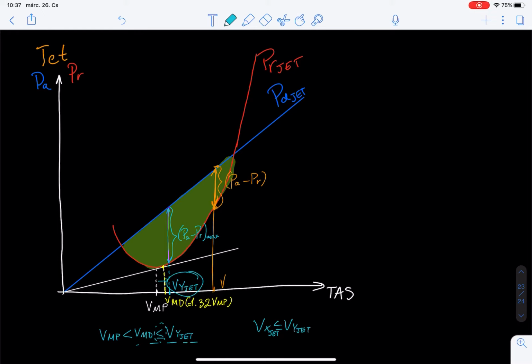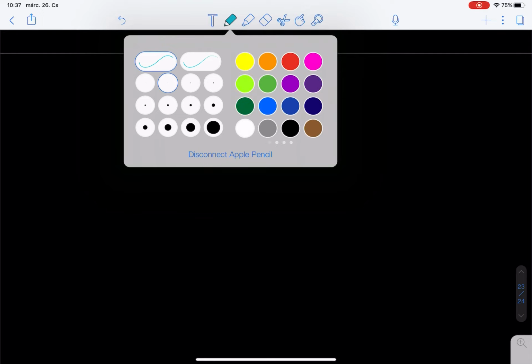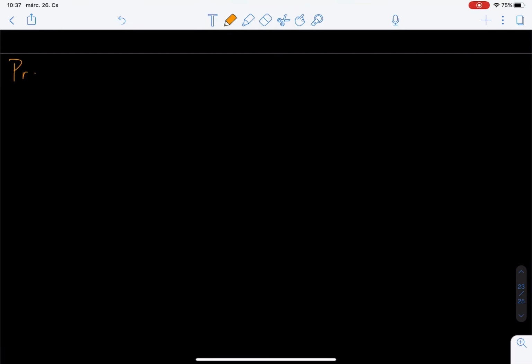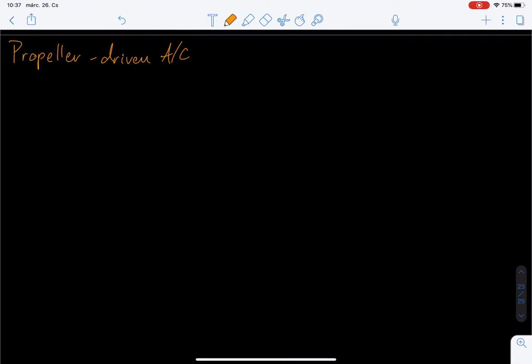And we're going to go on to examine the case for the propeller-driven aircraft. So let's examine the case for the propeller-driven aircraft. Okay, so we're going to see again, here you have the rate of climb, just to memorize it even further.